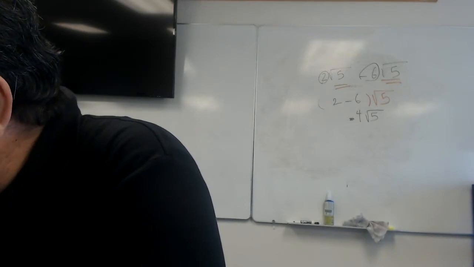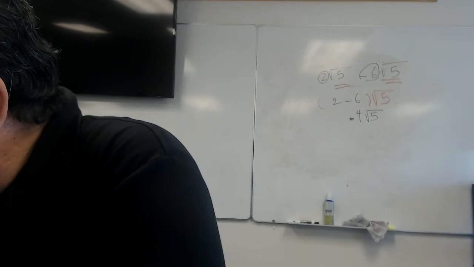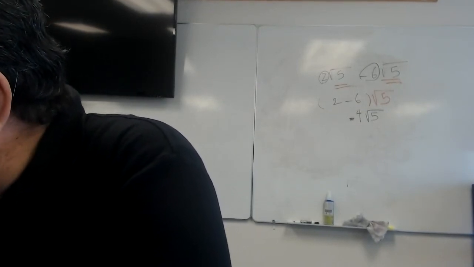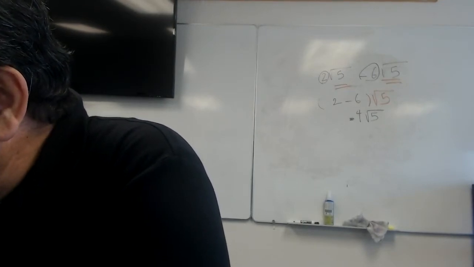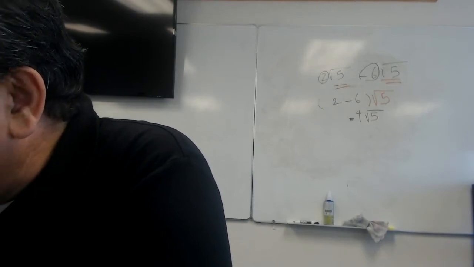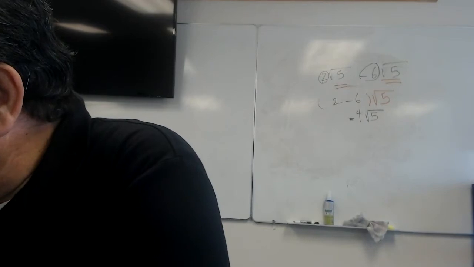If you want to divide b to the power of m by b to the power of n, you keep the base, you subtract the exponents. When you have b to the power of m in parentheses, again to the power of n, it's the same as b to the power of mn.